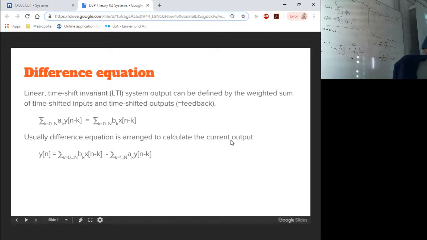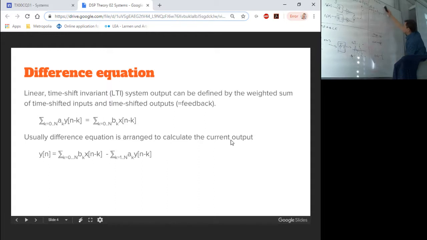Then about describing this system. If a system is linear and time shift invariant, then we can show the system as a simple difference equation. All of these linear time shift invariant systems can be shown as difference equations.